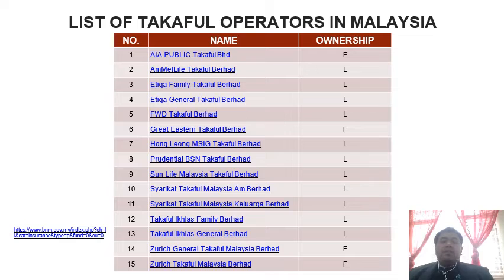And for the Takaful, they also separate family Takaful and general Takaful. You see it is syarikat Takaful; you have syarikat Takaful Am and syarikat Takaful Keluarga. Takaful Ikhlas family and Takaful Ikhlas general. Same with Zurich general and family.